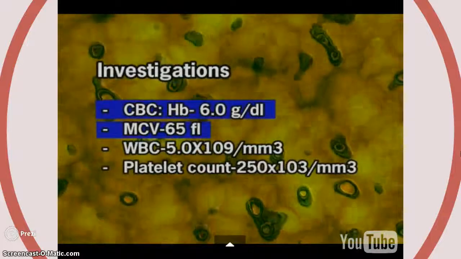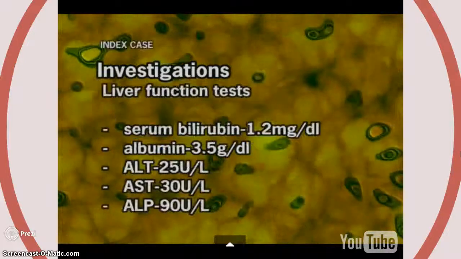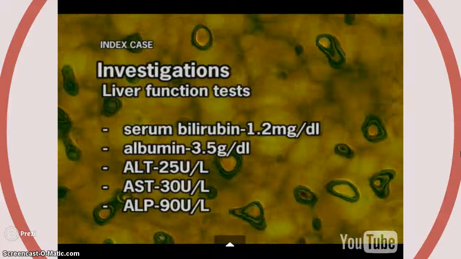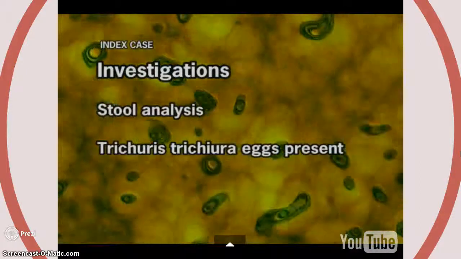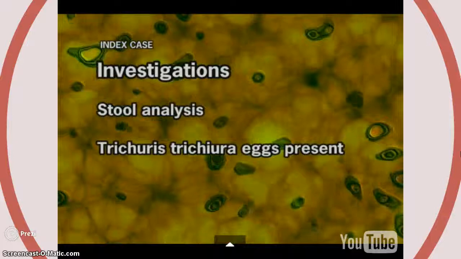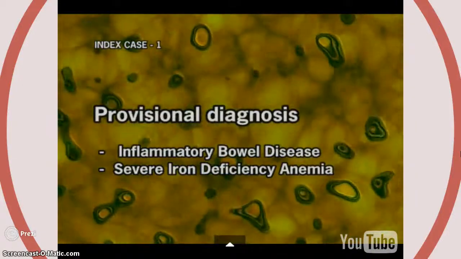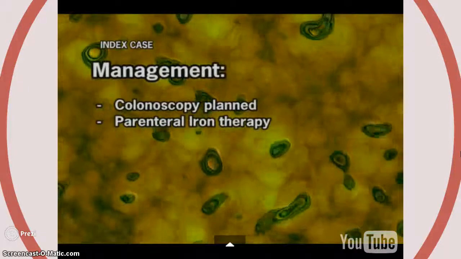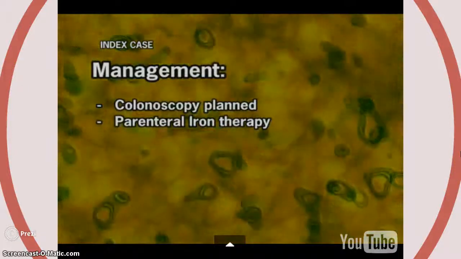Laboratory tests revealed severe iron deficiency anemia, and stool analysis showed ova of Trichuris trichiura. A diagnosis of inflammatory bowel disease with severe anemia was entertained. She was planned for parenteral iron therapy and a colonoscopic examination.